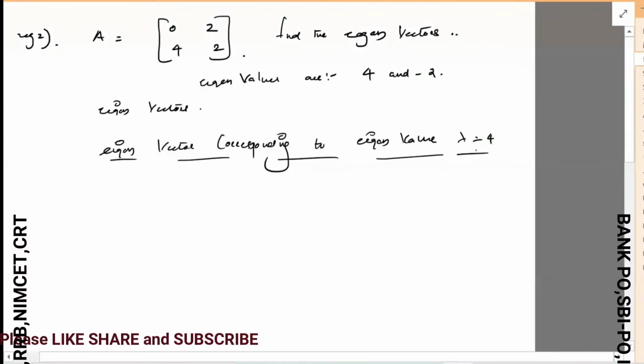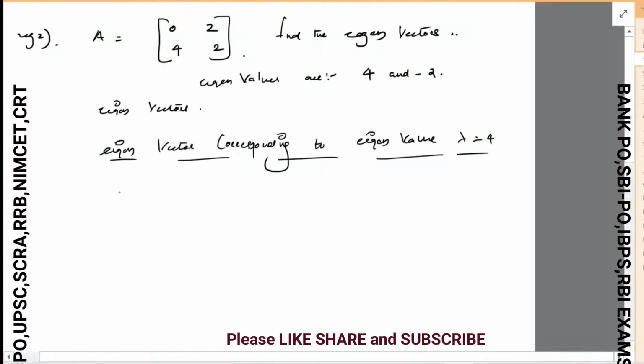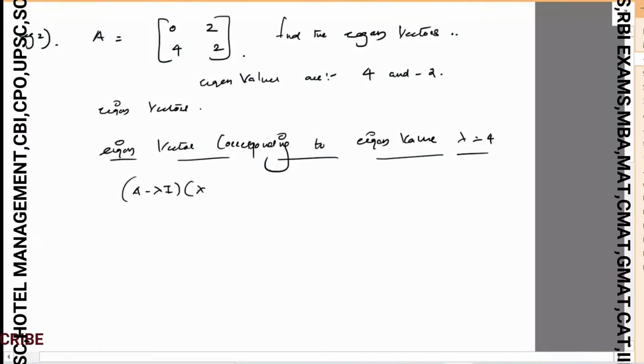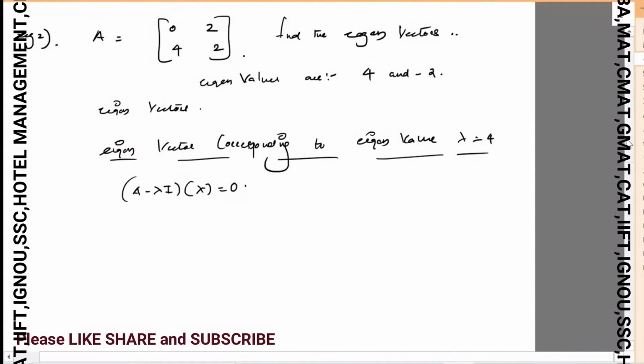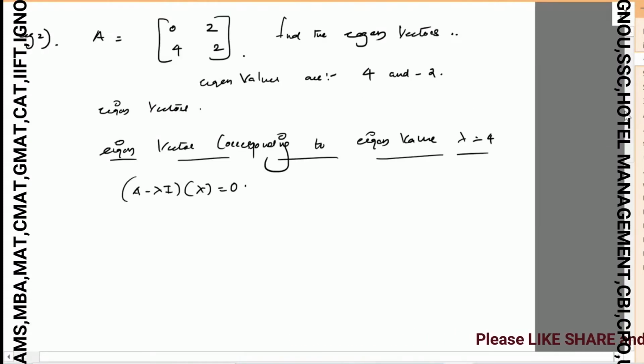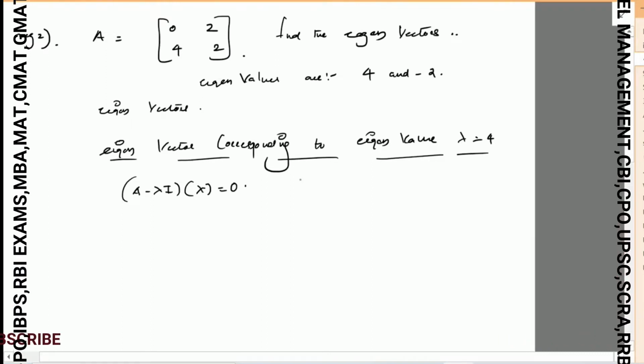We need to solve the homogeneous system (A minus lambda I) x equal to 0. So what will be A minus lambda I? Here lambda equal to 4.